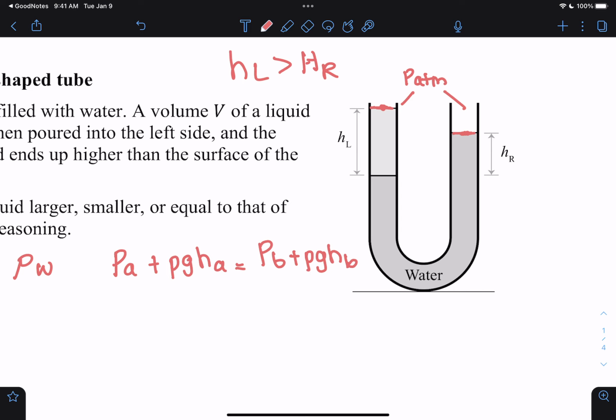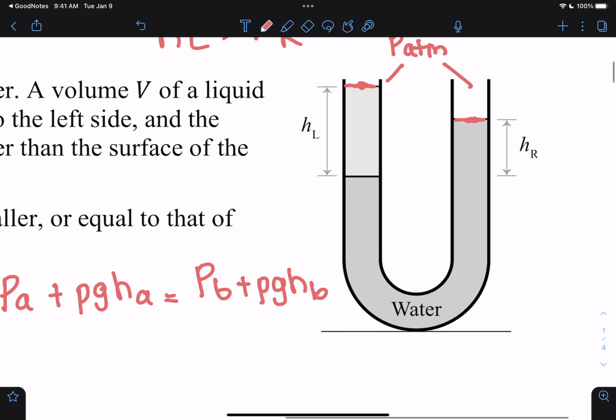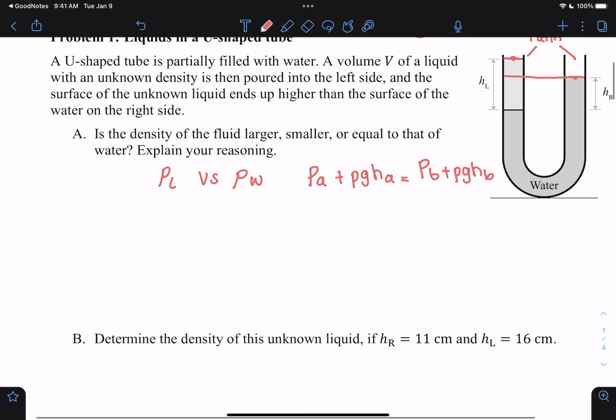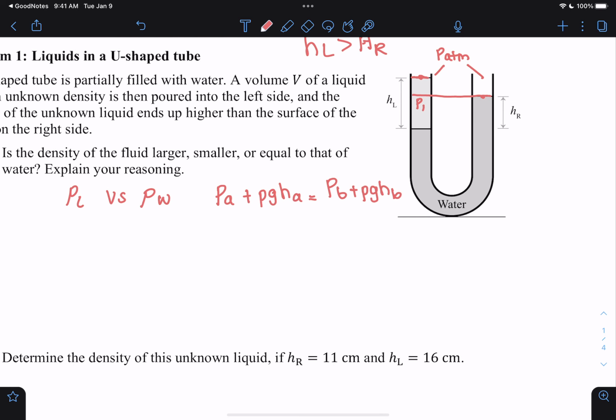Now, the thing is, this point with the water, based on our knowledge, when two points in a liquid are at the same height, they should have the same pressure. So the idea here is to compare the two pressures here and here. Let's say this is pressure 1 and this is pressure 2.